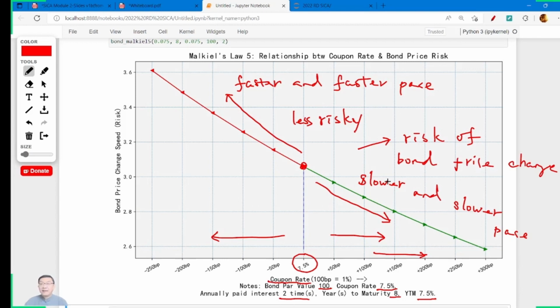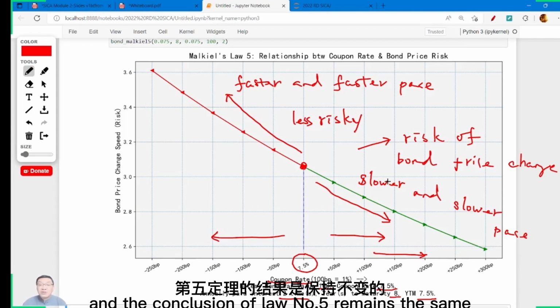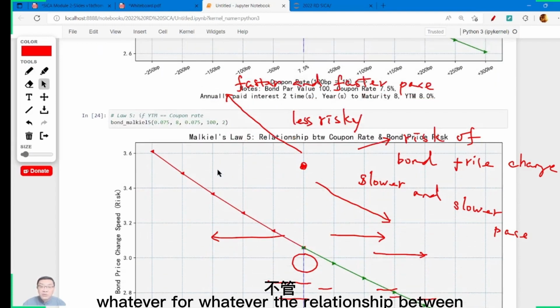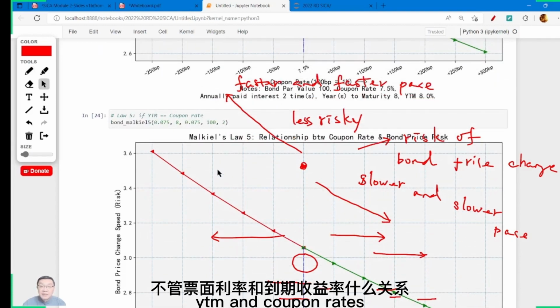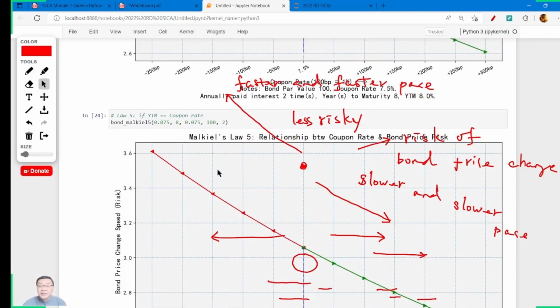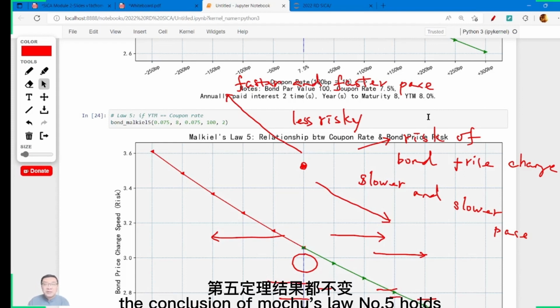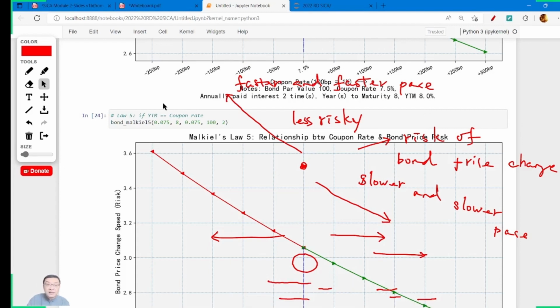And the conclusion of law number 5 remains the same, whatever the relationship between YTM and coupon rates. The conclusion holds. So whatever the relationship between YTM and coupon rate, the conclusion of Mokyu's law number 5 holds.